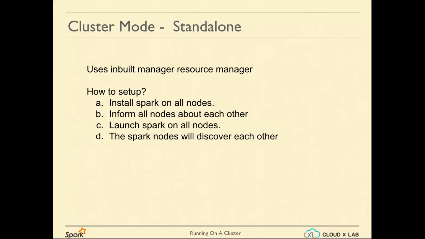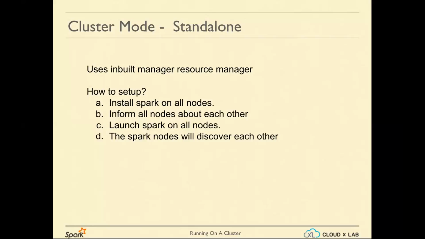Let's say you have hardware, but you have not set up a Hadoop cluster yet. In that case, you can install Spark, as in copy Spark on all the machines, inform all the nodes about each other by updating a particular file, and then launch Spark on all the nodes. Spark will automatically discover each other and form the cluster.